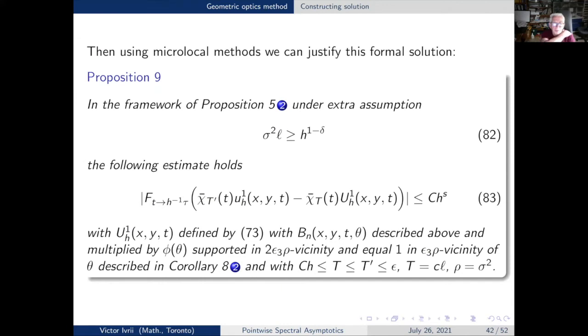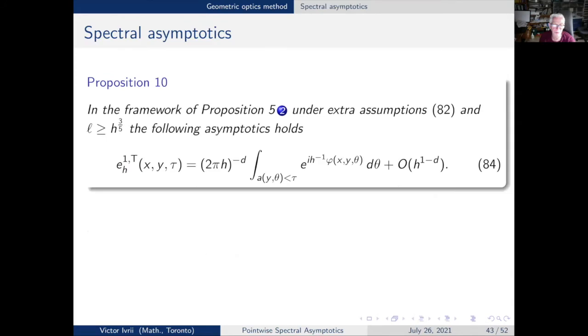And then we arrive at the following macro-local results. Again, that U1 capital, which is a formal series, actually gives us a good approximation to the real solution.